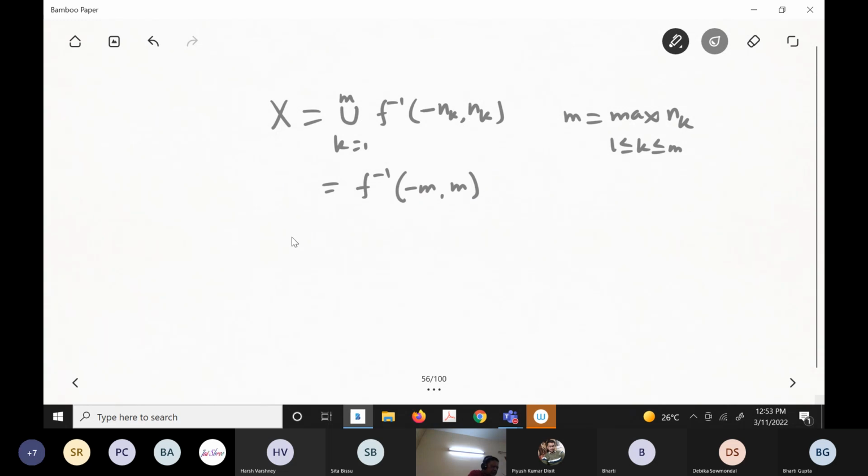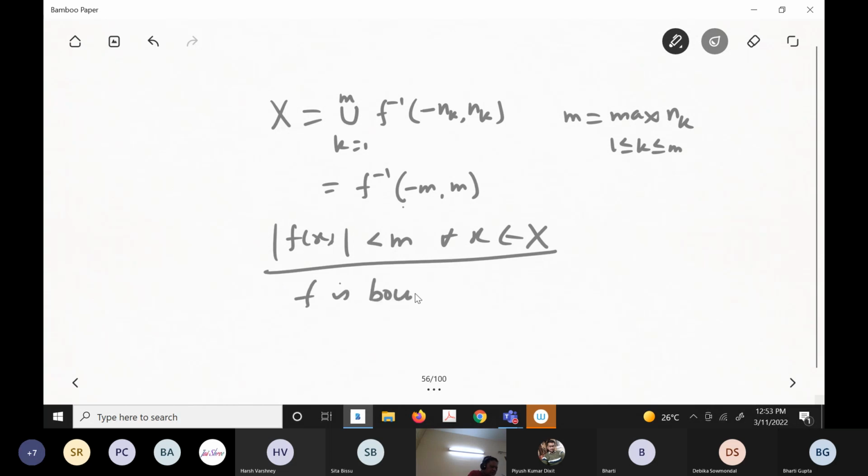That means what you are getting? You are getting actually this is the whole thing. That means precisely f is bounded. That means every countably compact space is pseudo compact.